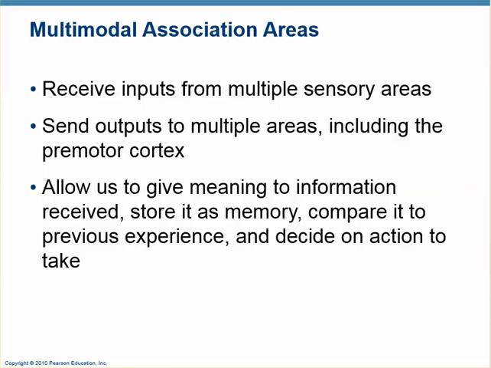So then there are these association areas that take input from all kinds of areas. And it really pulls these things together. So this is how we store memories compared to previous experiences.